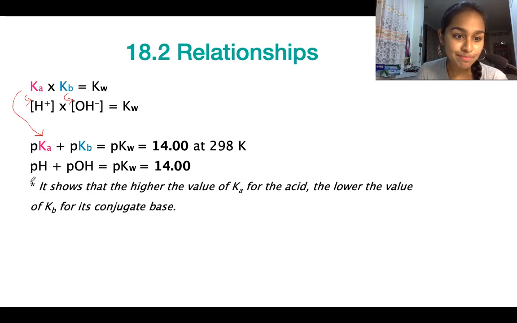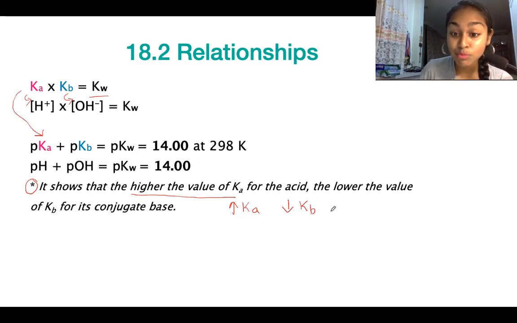The reason this is important is because it relates to conjugate pairs. Because Ka and Kb multiplied together give us a constant, this means that if I've got a higher value of Ka, so if my Ka is big, this means that my Kb is going to be smaller because multiplied together, they're always going to give me the same value, which is Kw.